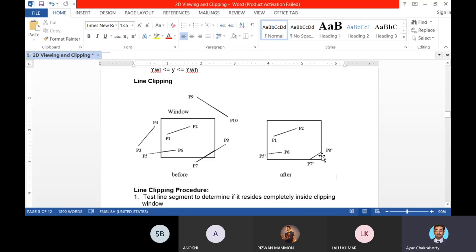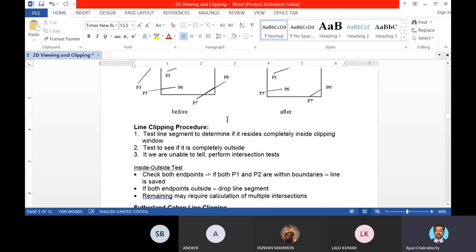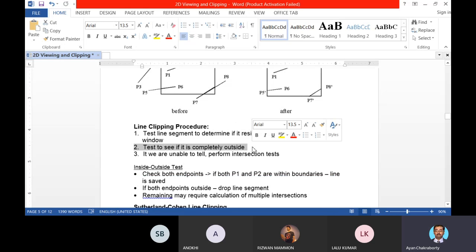P7 dash is one intersection point with one side of the window frame, and P8 dash is another intersection point with another side of the window frame. This P7 dash P8 dash is the portion which is partially visible within the window frame as well as to the viewer. So this is the second step: test to see if it is completely outside or not.